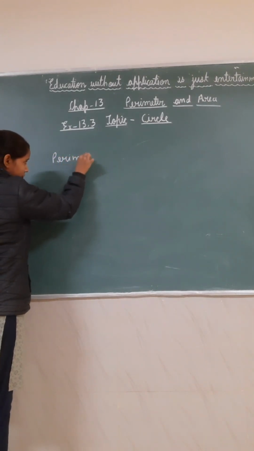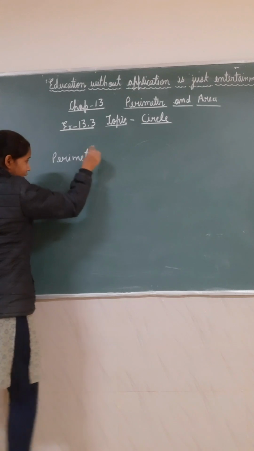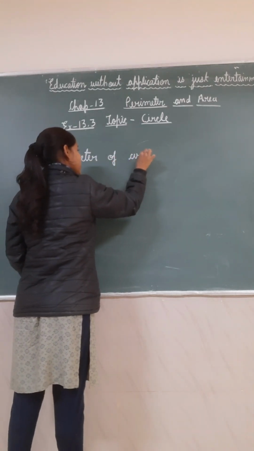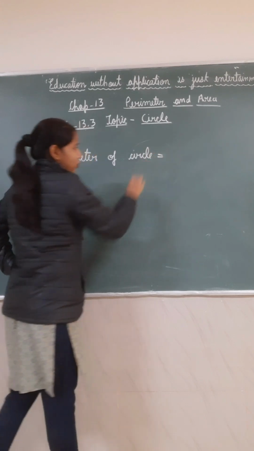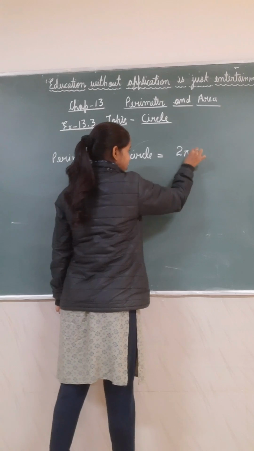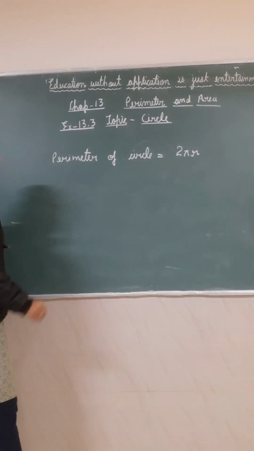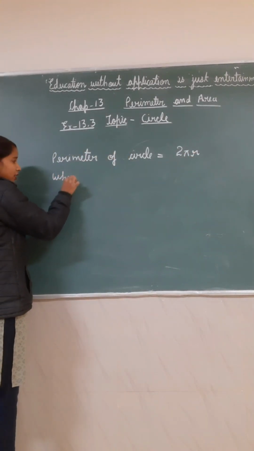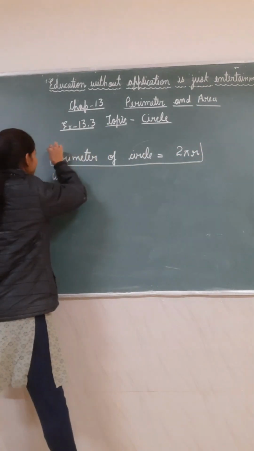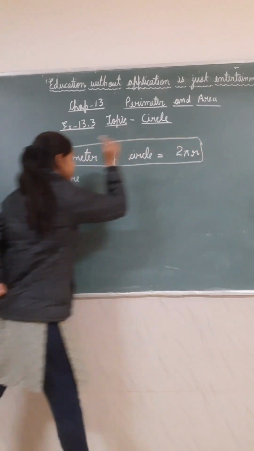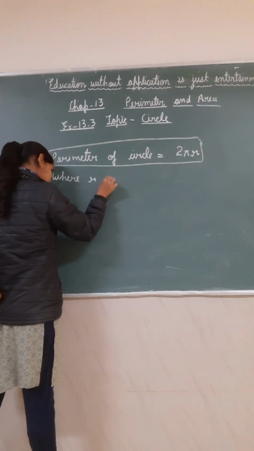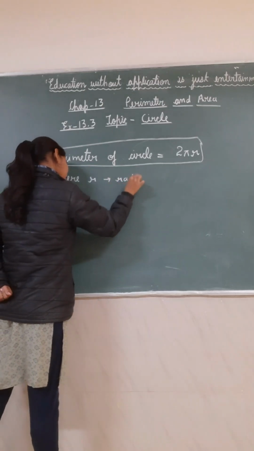Perimeter of circle. These two formulae you have to write. So perimeter of circle is 2 pi r, where r is the radius of the circle.